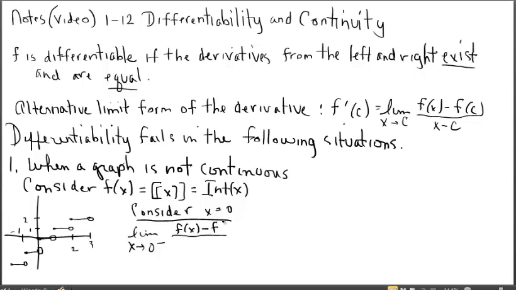And f of c in this case would be f of 0. We're working with the greatest integer function, so right here I'm going to insert the greatest integer function minus f of 0. If you come over to the graph, f of 0, the input 0, the output is 0.